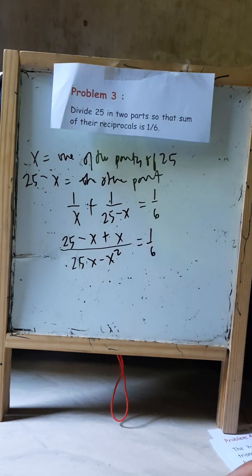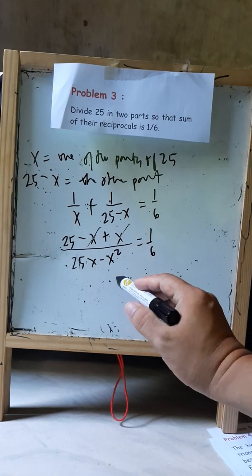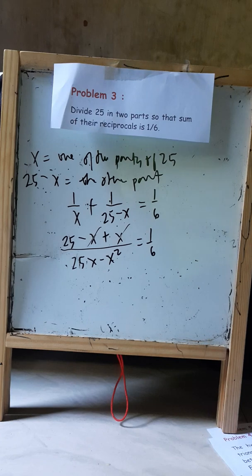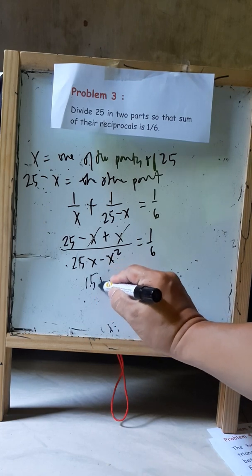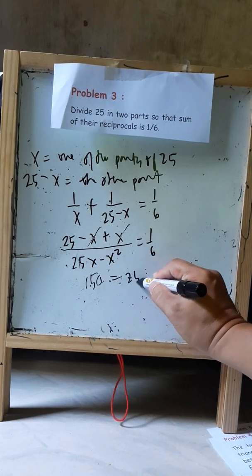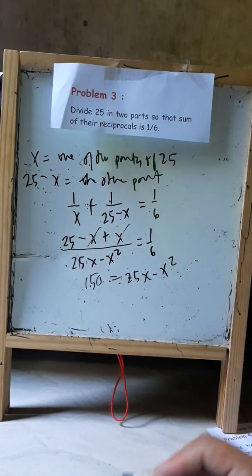Then we can cross multiply. 25 times 6 is equivalent to 150, equal to 25x minus x squared.